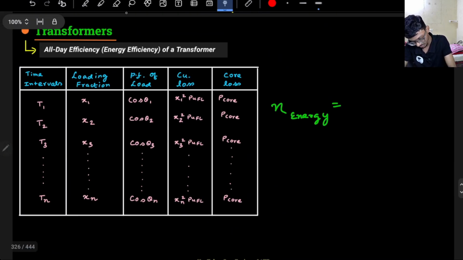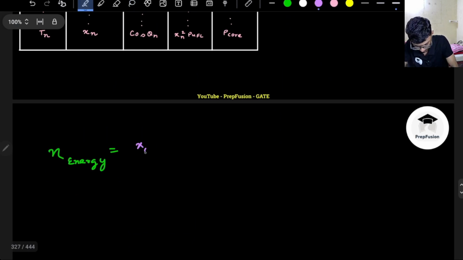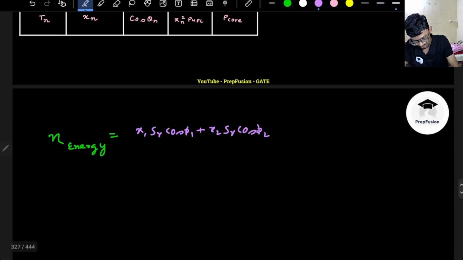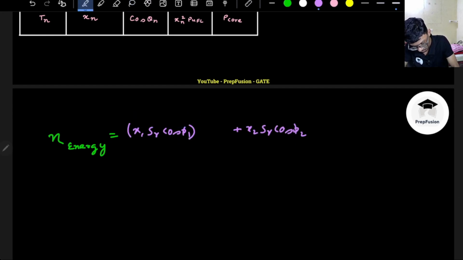This will be x1 into S rated into cos phi 1 plus x2 into S rated into cos phi 2. This is the amount of power, but I am talking about energy, so this also gets multiplied by time. Power into time is energy.